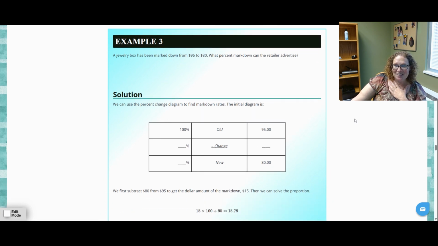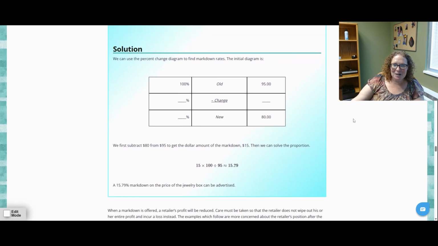So next we mark down a jewelry box from $95 to $80. We want to know the percent markdown so that the retailer can advertise, hey, this is dropped a certain percent. I mean, you can always say it was dropped $15, but looking to see what sounds better, what seems like it's more than the other.